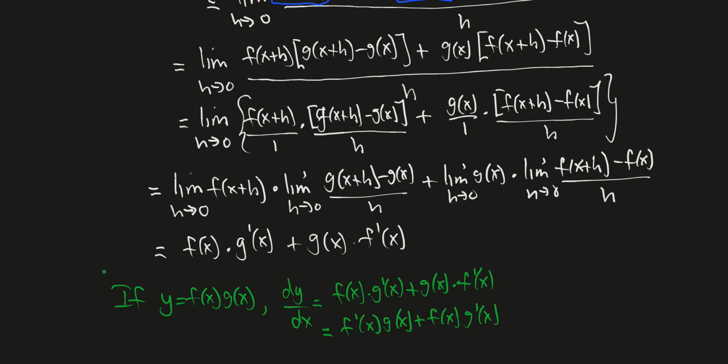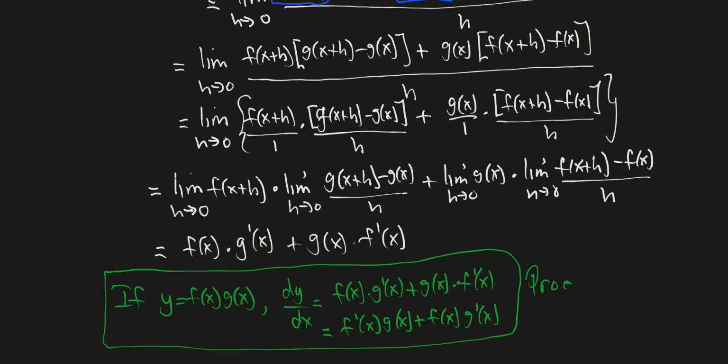And this is the famous product rule for derivatives, right? So this is our product rule, and it's very, very useful. Sometimes it's an optional rule, but other times it's a rule where you really don't have a choice. It has to be used.